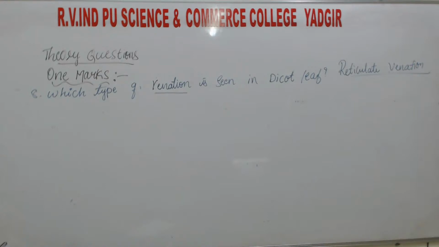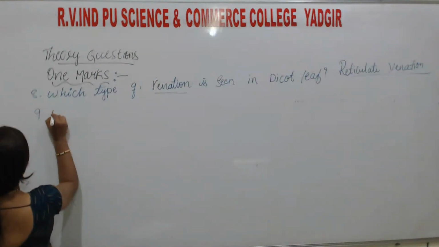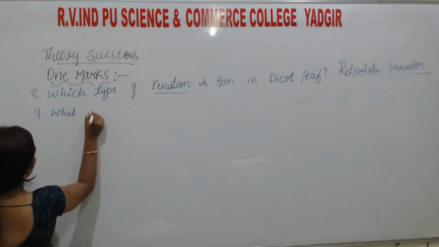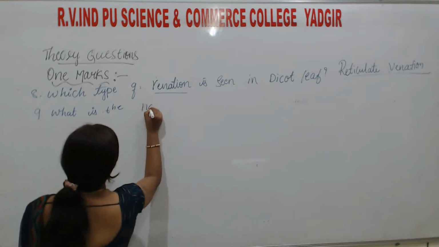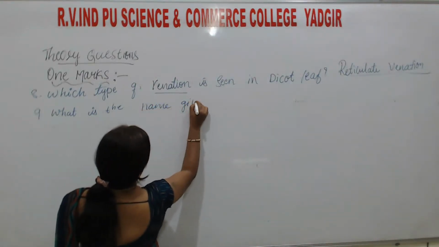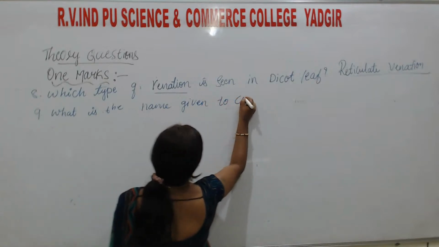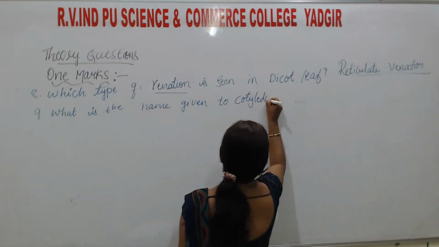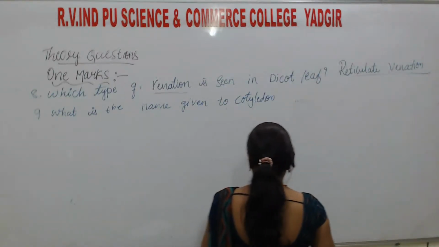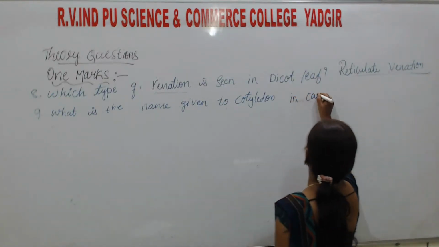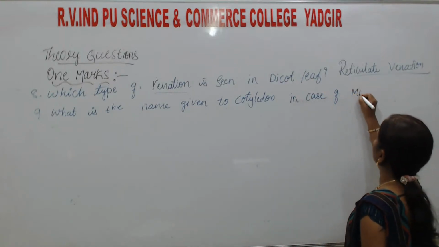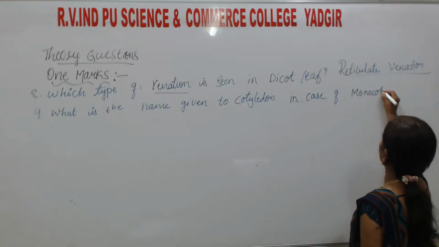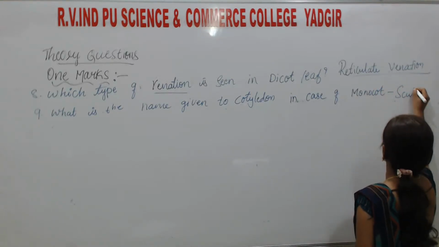What is the name given to the cotyledon in case of monocot? Answer: scutellum.